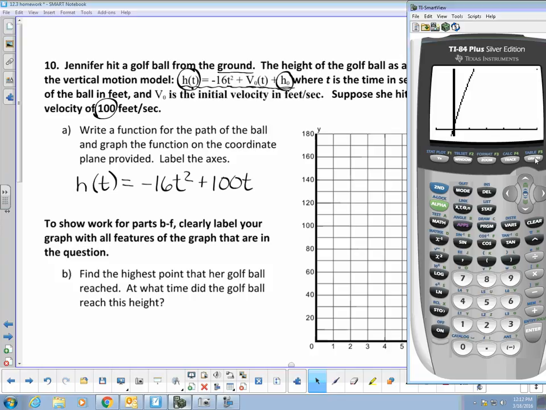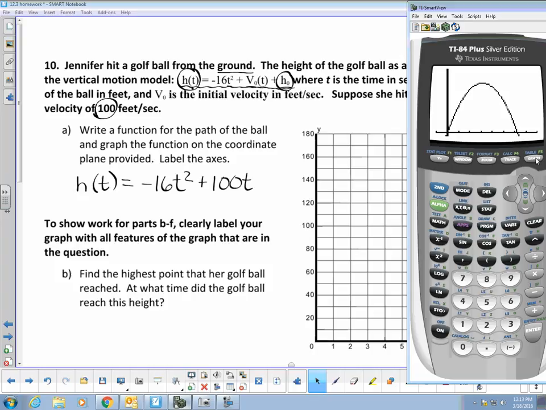Let's see, 1, 2, 3, 4. It looks like probably should go to at least 8. And let's check out 200 and see if that gives me enough height. So that looks pretty good. And I see my 2 x-intercepts and I see where my maximum is.